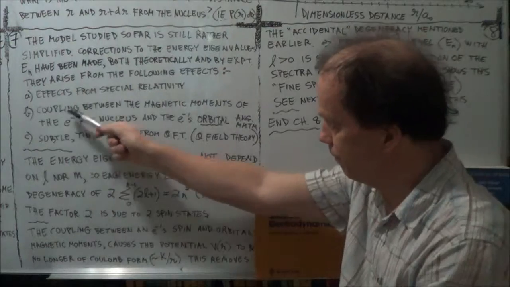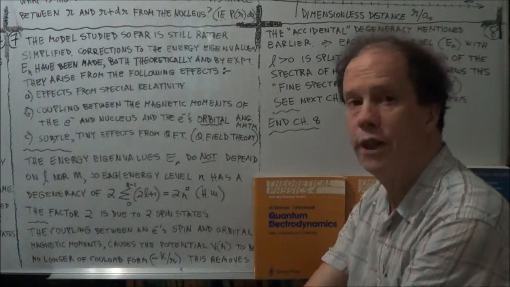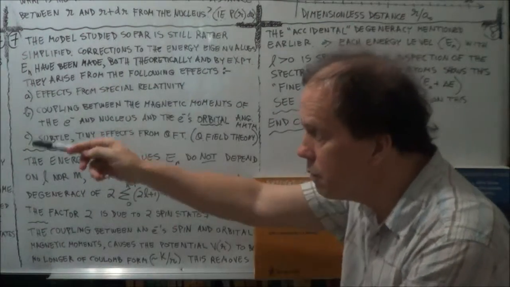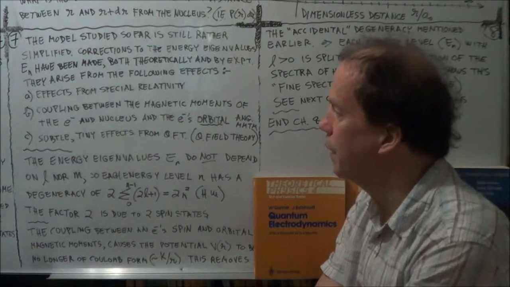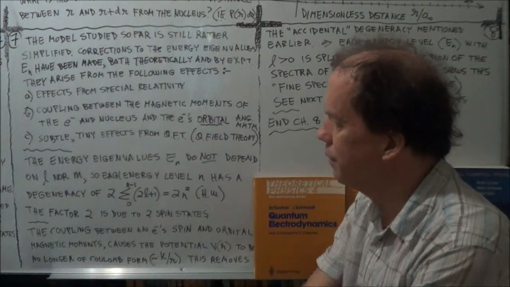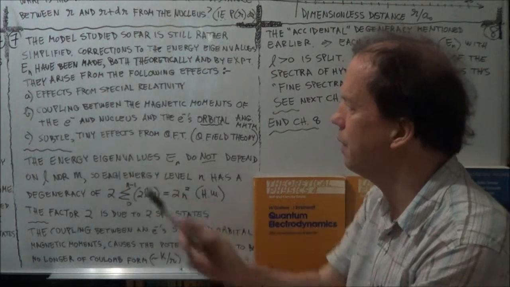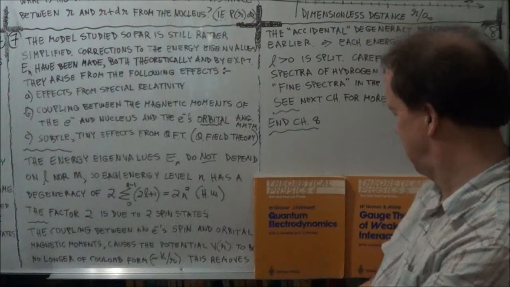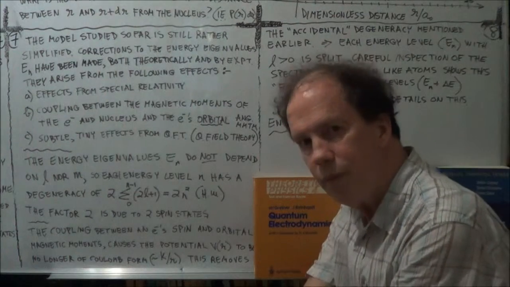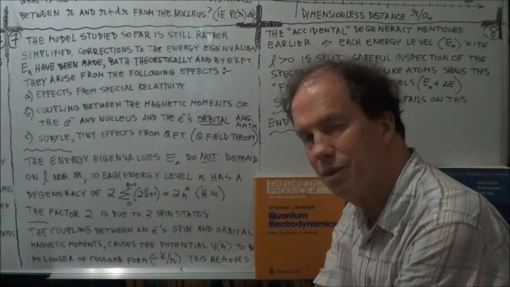Okay, so next chapter will be about this second effect that changes the relatively simplified model that we've been using so far. And the third one is subtle and small, but comes from quantum field theory. I'm just wondering whether I mention what's going on there.